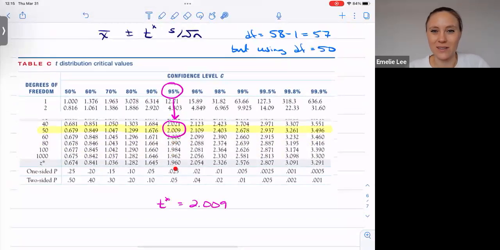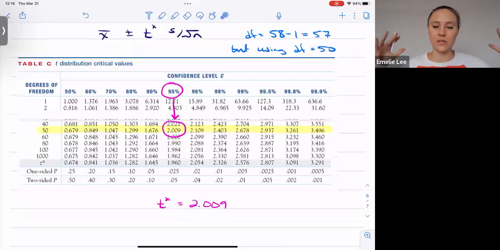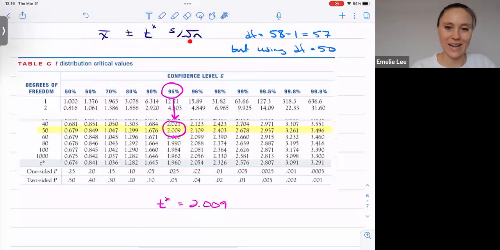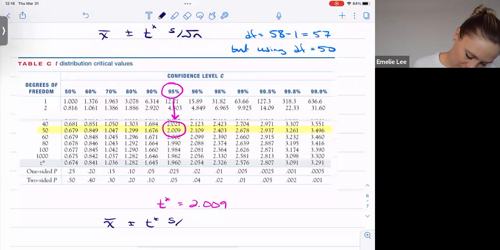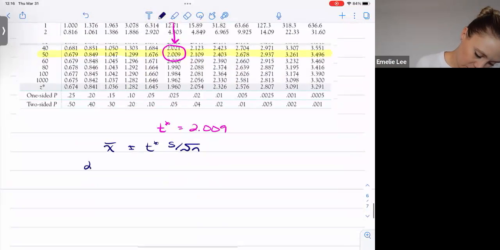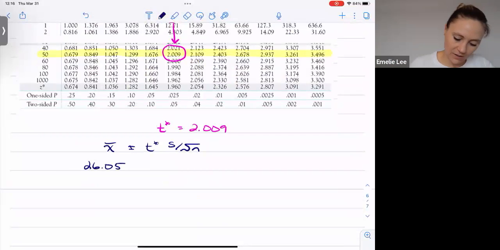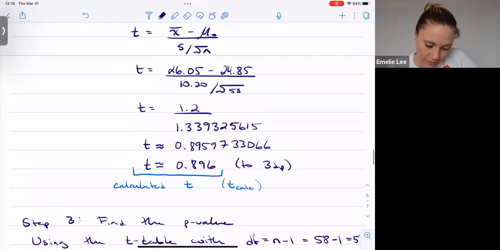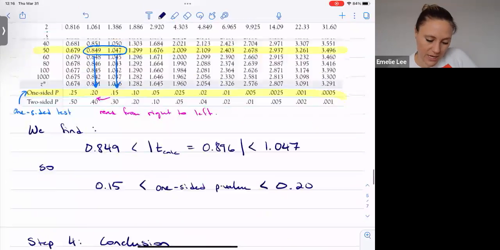But it's going to make a slight difference in our interval. We're getting it a little bit wider because we're estimating two things: the mean, but also the standard deviation based on the sample. All the other information I have already from the question. So then my X bar plus or minus T star times S over root N. I got 26.05, I want to say, and 10.2 over root 58.